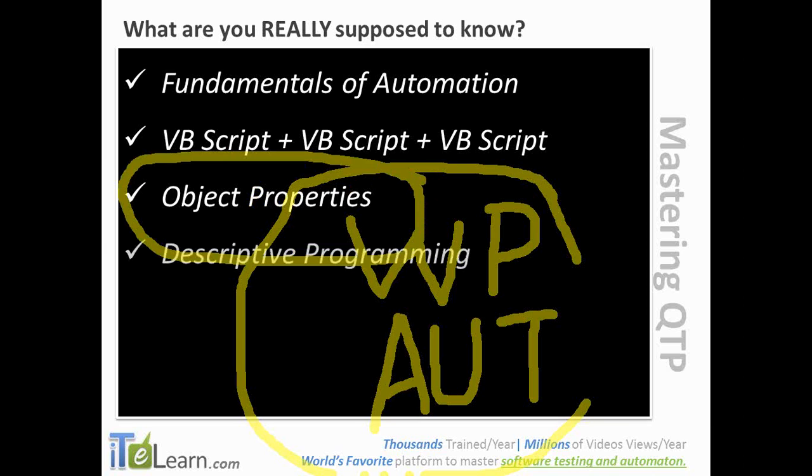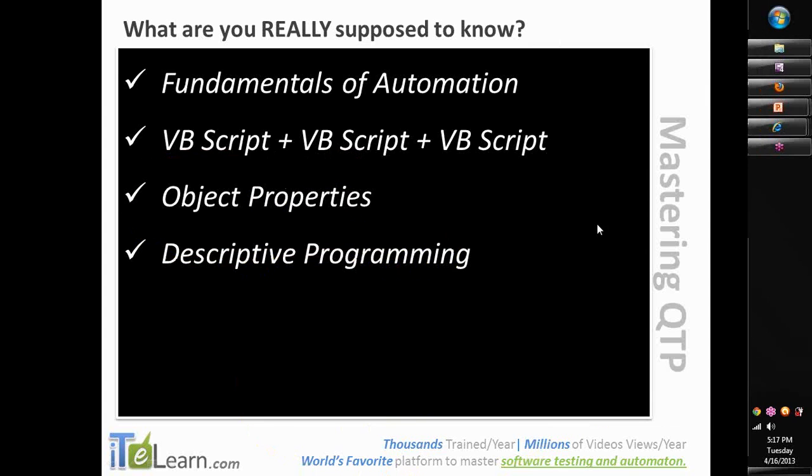All right. Then you have the whole world of descriptive programming. Descriptive programming, as per me, is a very, very simple concept. Once you go through the fundamentals of automation, VB scripting and object properties, descriptive programming is just 2 sessions.